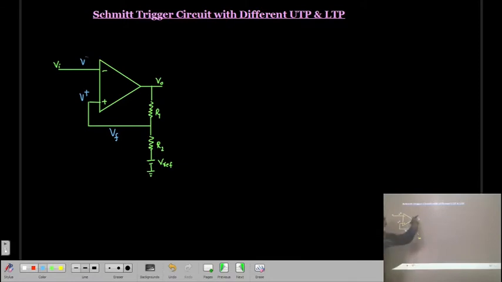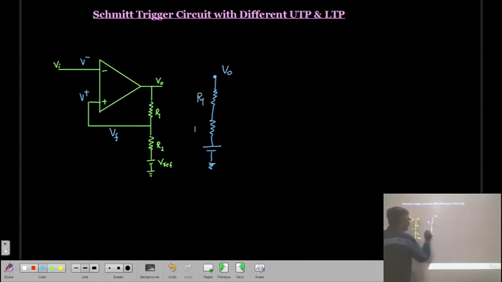To calculate this feedback voltage, we apply the superposition principle. Because here, if you see, the network is like this: my voltage at this point is VO, this one is R1, R2, my reference voltage is this, and at the junction of these we have the feedback voltage Vf.